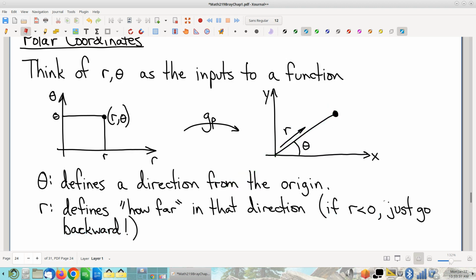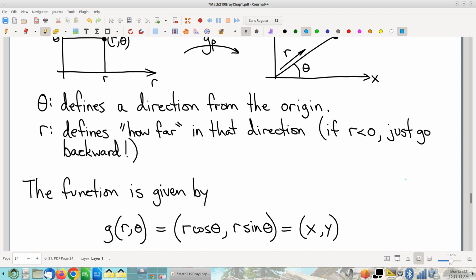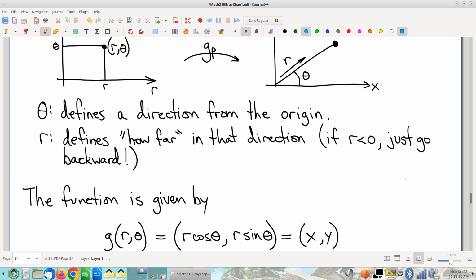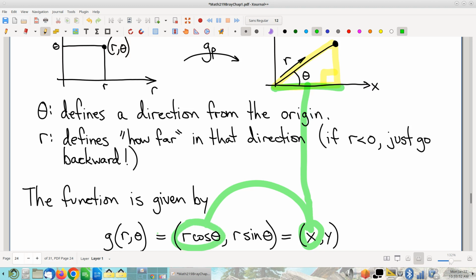Okay. Alrighty. And with that stated, I'll point out that we have a right triangle there, and y'all may recall the trig of right triangles. So you can look at that right triangle, you can immediately recognize that x is r cosine theta, and likewise y is r sine theta.